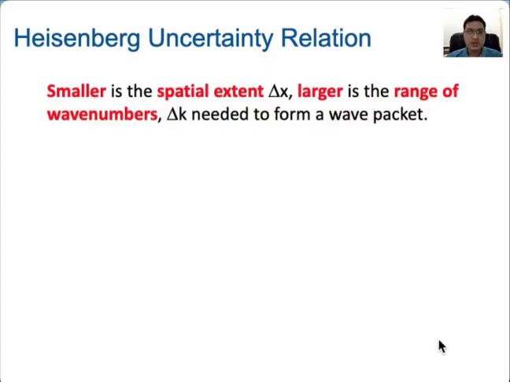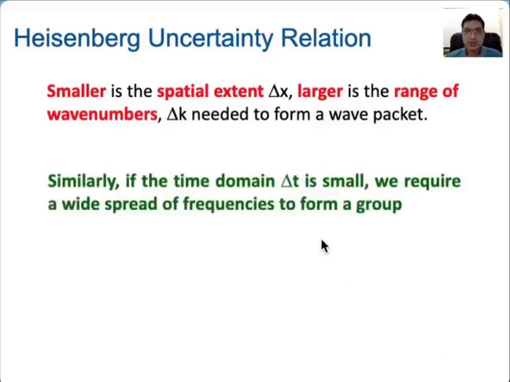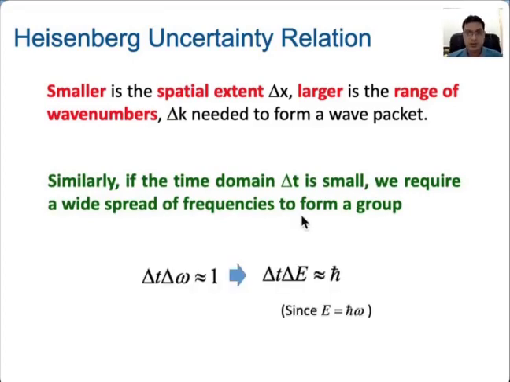So what we have learned so far is that the smaller the spatial extent delta x, the larger is the range of wave numbers delta k which needs to be used to form a wave packet. Similarly, if the time domain delta t is small, we require a wide spread of frequency to form a group. This is the same logic we can apply to the time-frequency uncertainty.